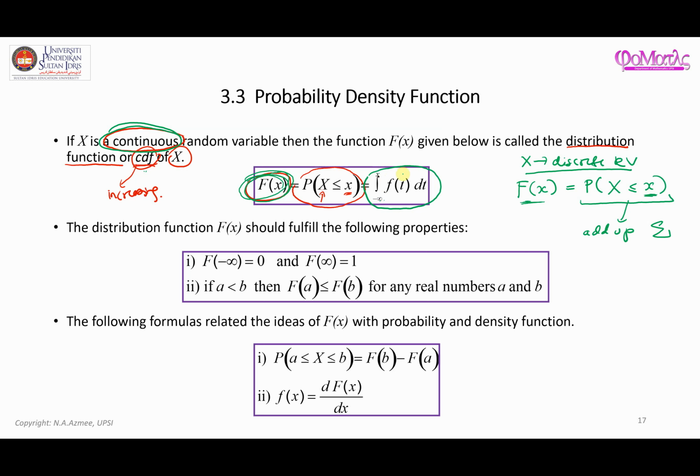Notice that the probability density function here is expressed in terms of another variable, t. We will see an example later, and I hope this idea will be better understood by then.